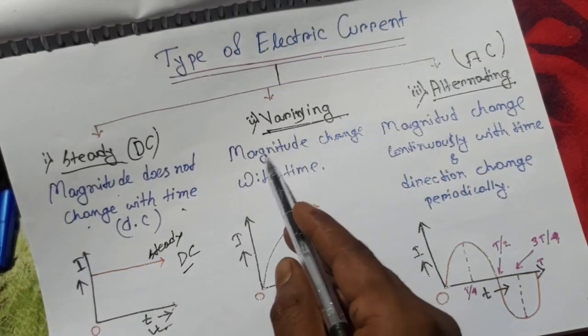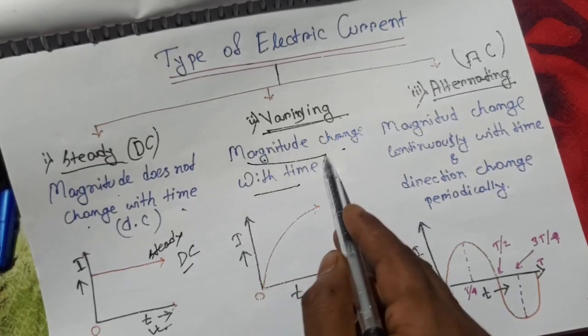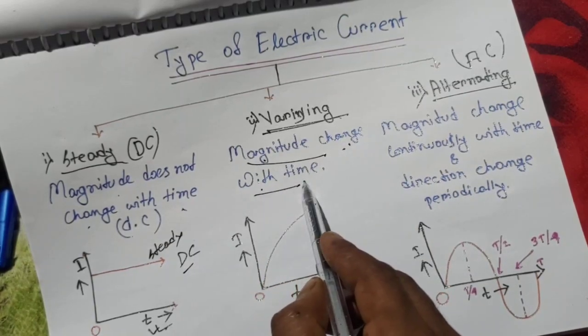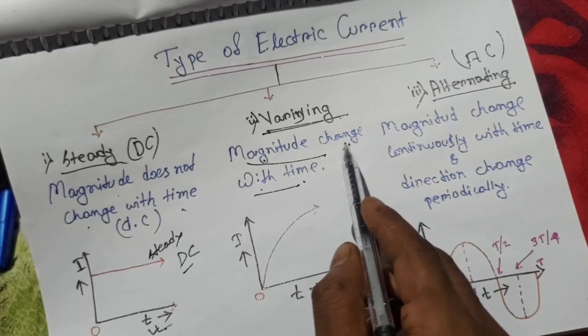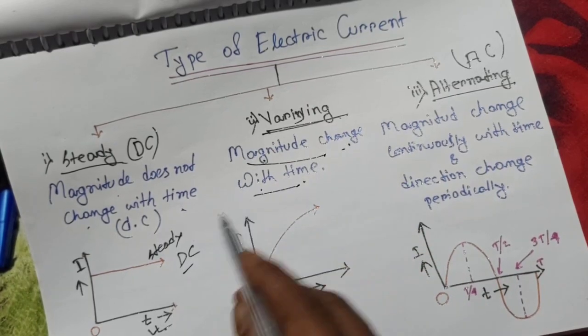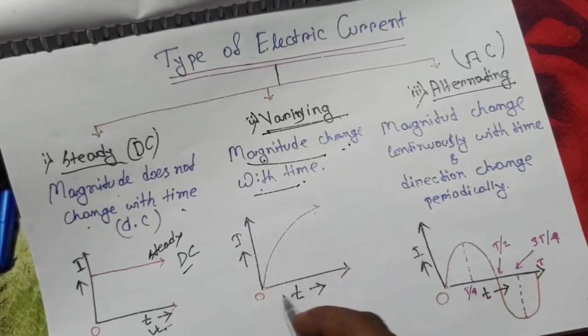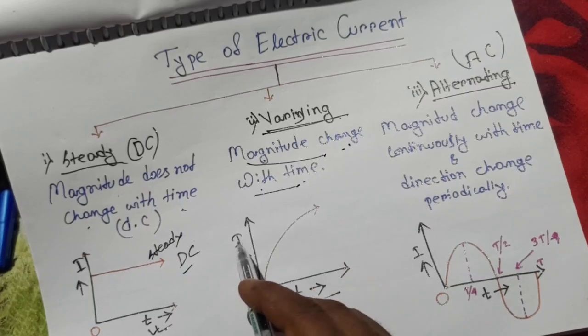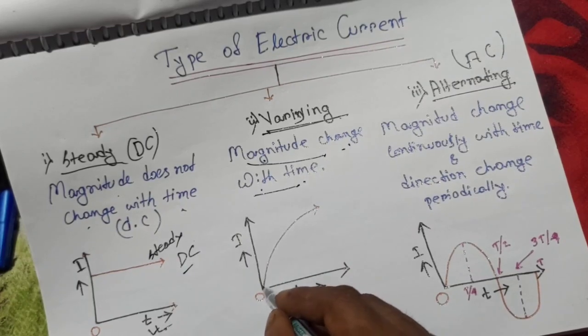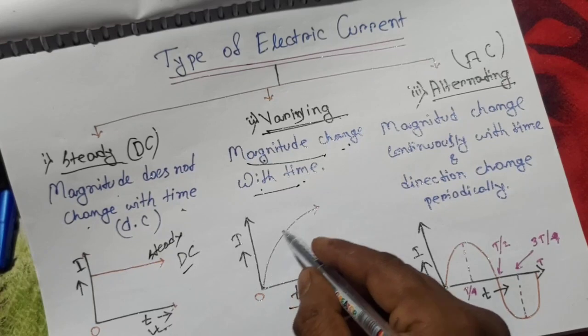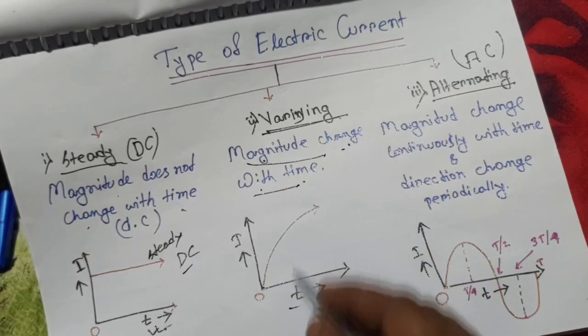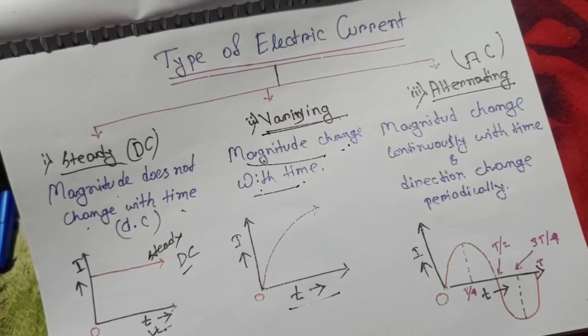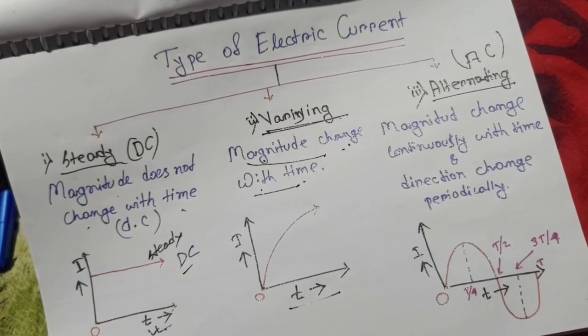And for varying current, the magnitude changes with time. Okay, the magnitude changes with time. Here we can see time t in the x direction and current I in the y direction. From the 0 point, this current is changing with time.